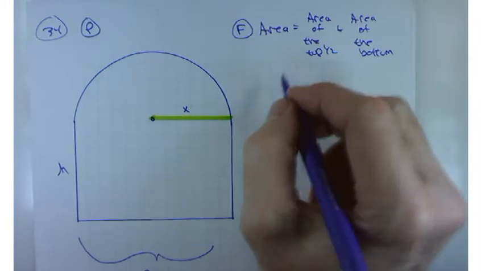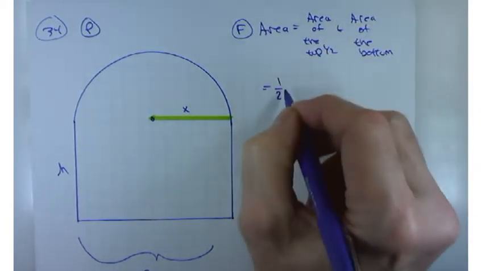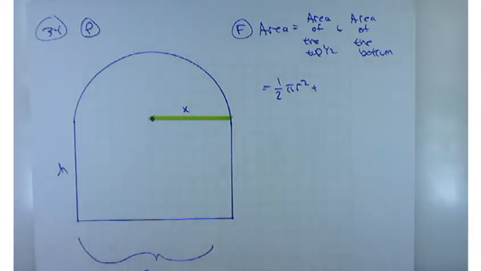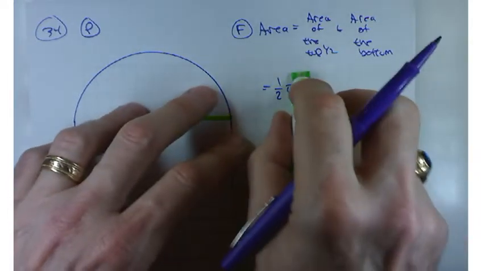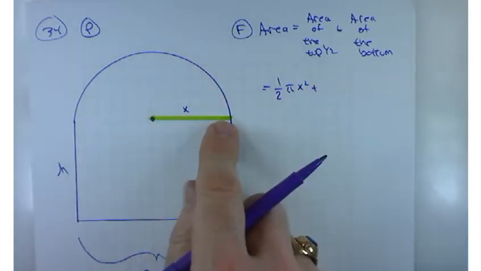So area of the top is going to be 1/2 pi r squared. Actually, in this case, it should be pi x squared, right? Because I define the variable x to be our radius. So pi, we're going to make that an x squared, right? Because our radius is x.